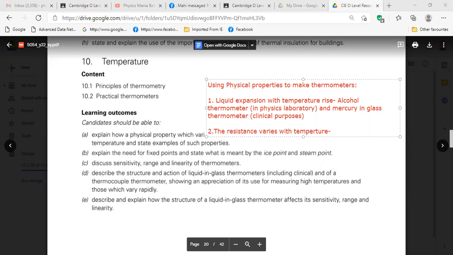So this is happening in the thermistor thermometer, and this one is the digital thermometer. Write in brackets: digital thermometer.